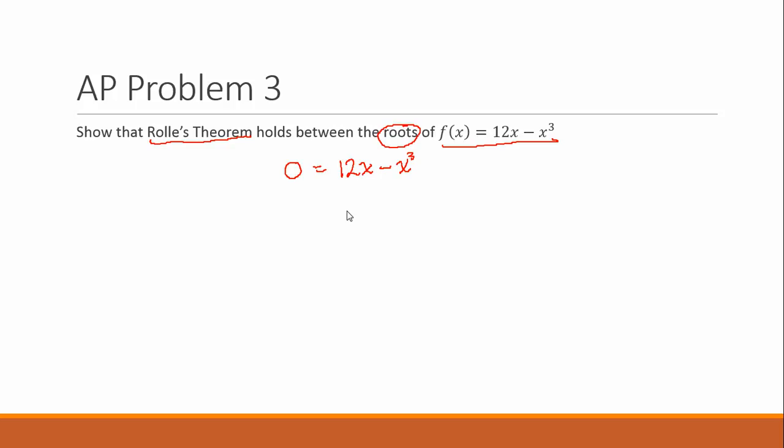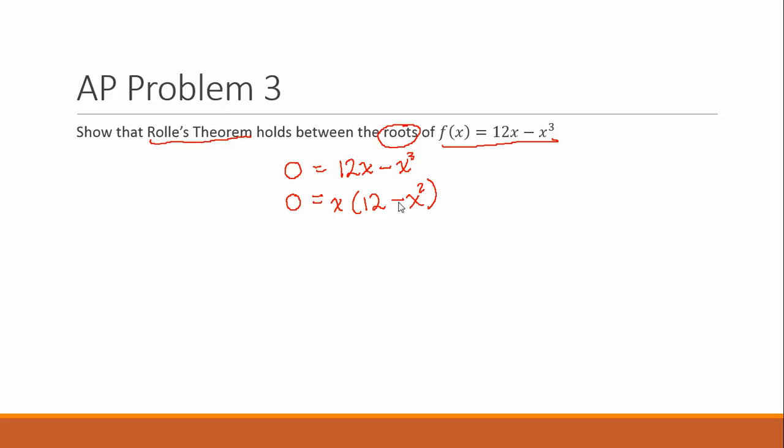Now in order to solve this, we're actually going to have to factor this. So 0 is equal to, well, what can we factor out of this? We can factor out an x. So we get x times 12 minus x squared. And I have a lot of trouble when my x is negative.